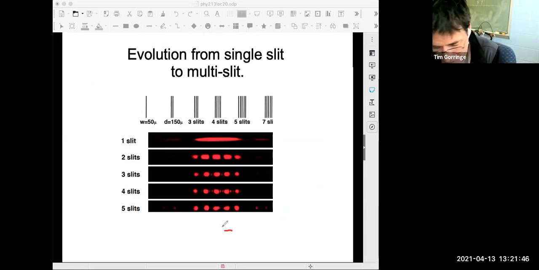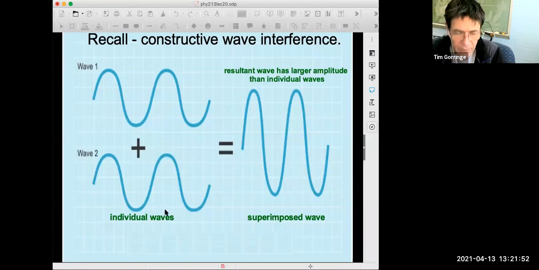And that's what we mean by a diffraction grating. Again, understanding the pattern of light from the diffraction grating, like the single slit and the double slit from the last class, is a matter of understanding constructive and destructive interference.